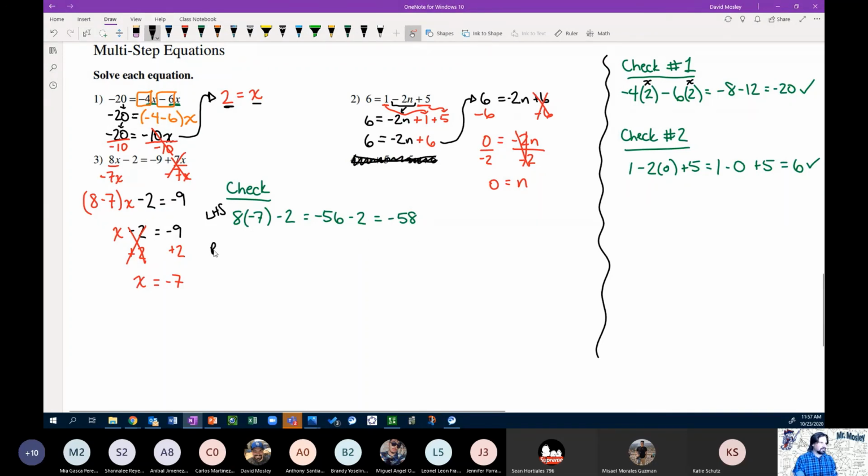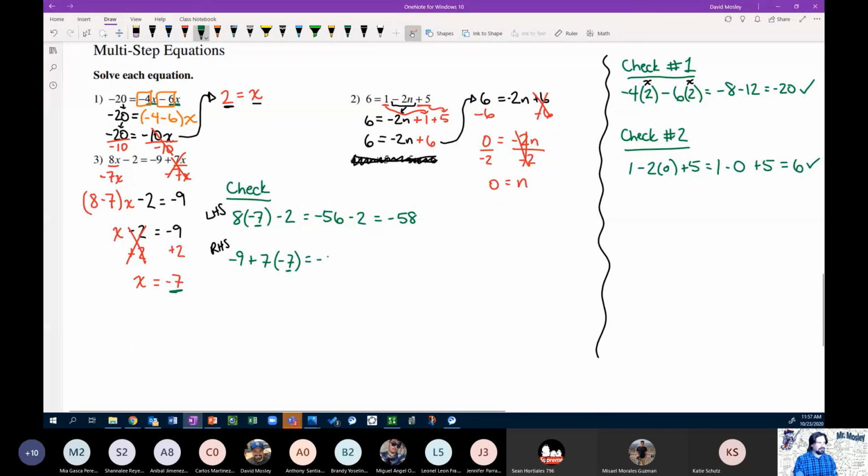Then I check the right-hand side. And I have negative 9 plus 7 times negative 7. Again, this negative 7 goes into my equation where x used to be.